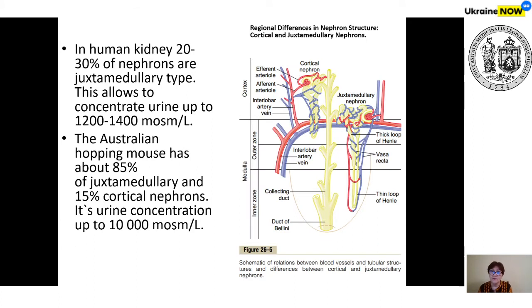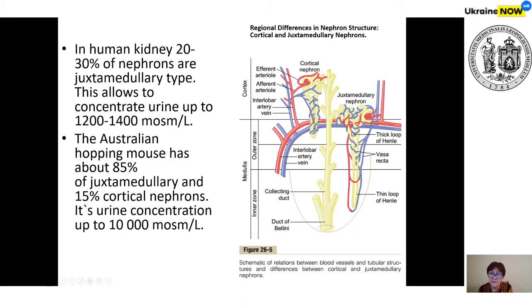There are two types of nephrons: juxtamedullary nephrons and cortical nephrons. What is the difference between them? Juxtamedullary nephrons have a long loop of Henle, accompanied by a capillary type called vasa recta.